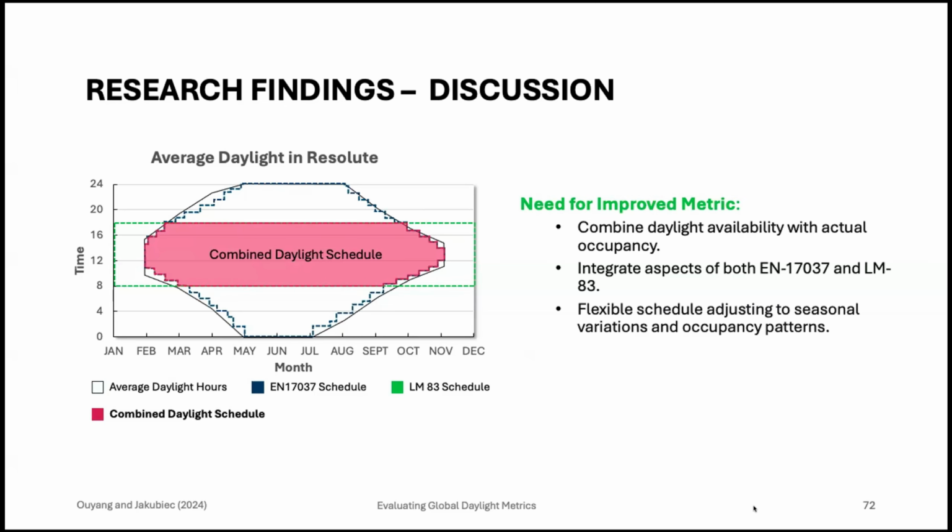This new metric should also consider both daylight hours and occupancy periods, combining the adaptability of EN 17037 with the practical user schedule of LM83. An adaptive schedule could flexibly adjust to both seasonal daylight variations and typical occupancy patterns, ensuring assessments are relevant when spaces are in use. The schedule shown in pink here on the slide responds to both LM83's typical office hours and also EN 17037's daylight hours.